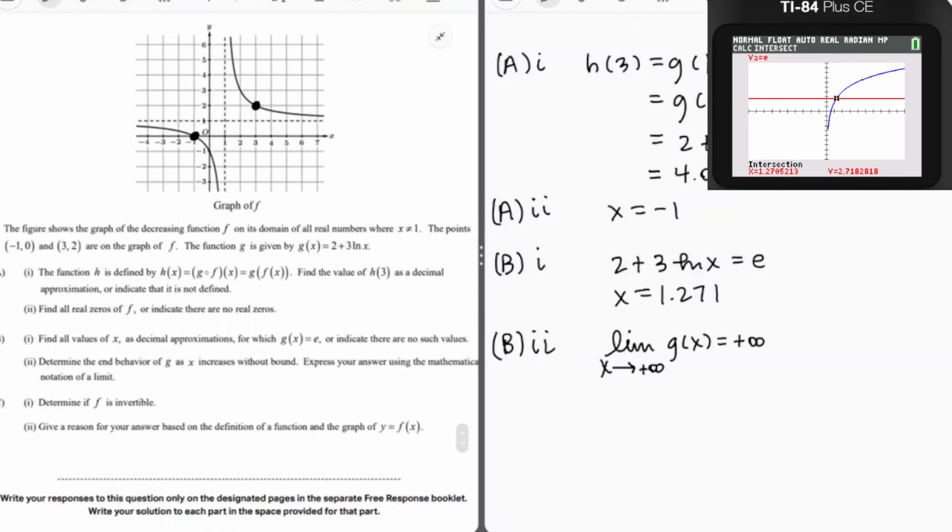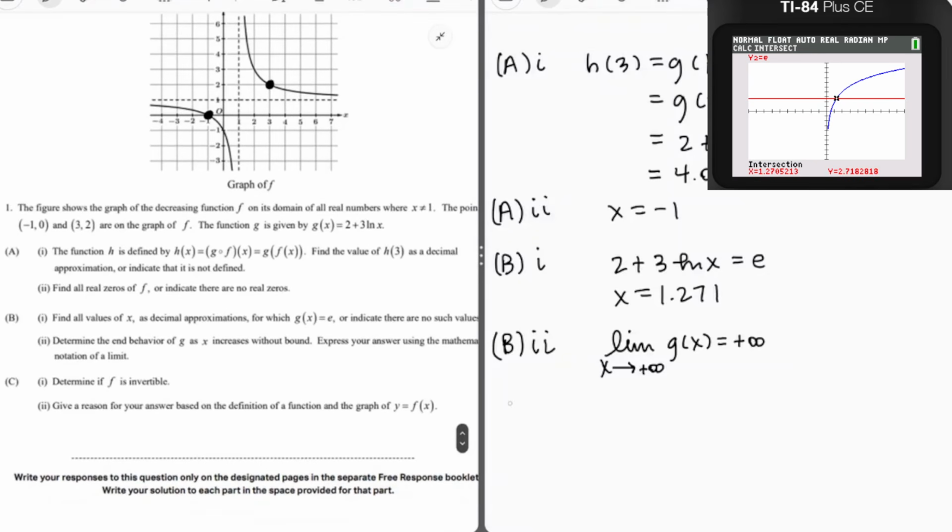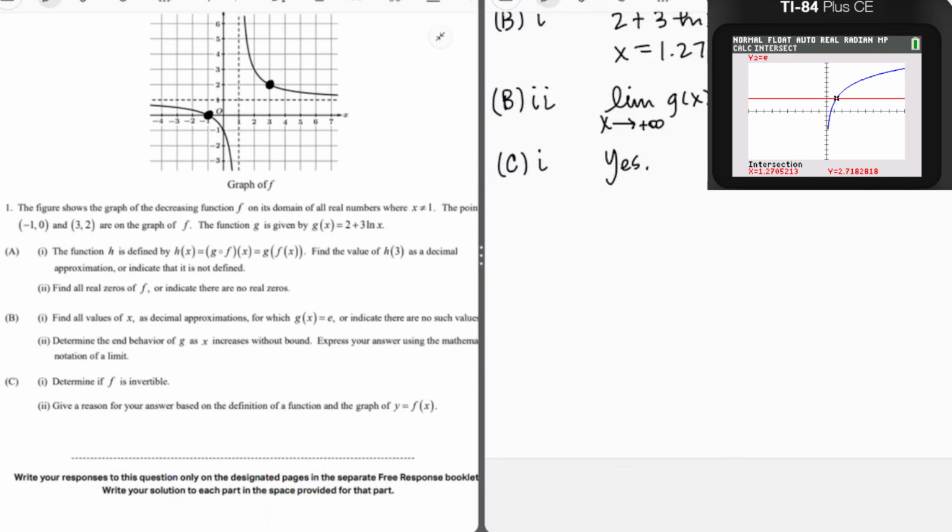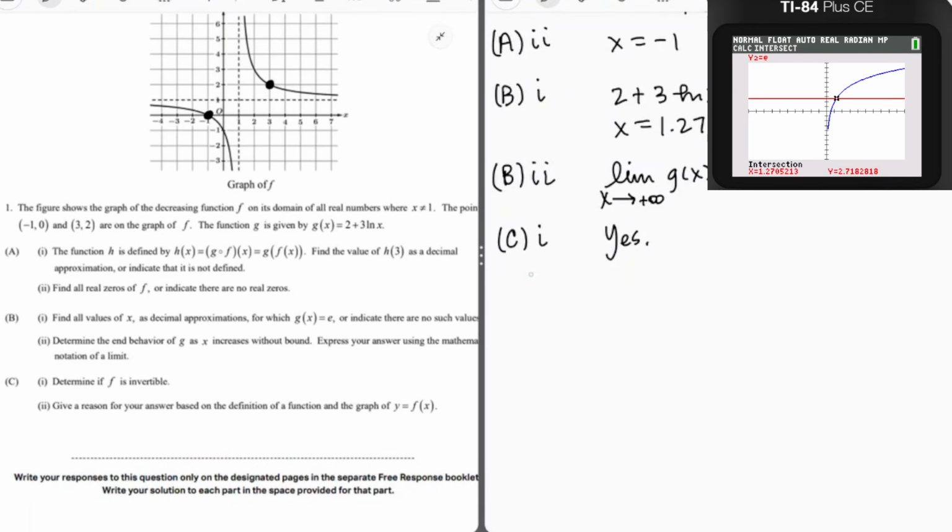Okay. Now, part C. Determine if f is invertible. Now, this is a yes-no question. Yes, f is invertible. There's a variety of reasons that work, but our reason has to be accurate. I'm going to write a variety of reasons for you that could potentially earn the credit.